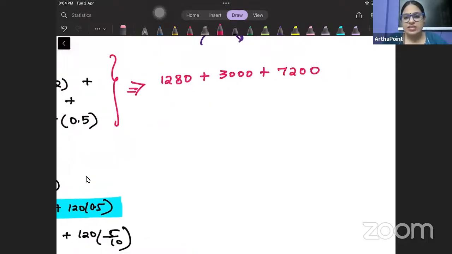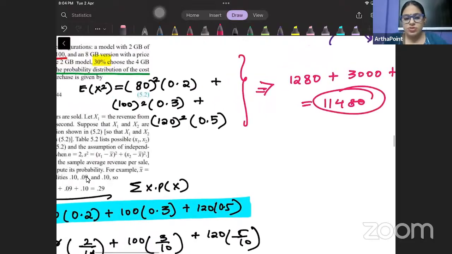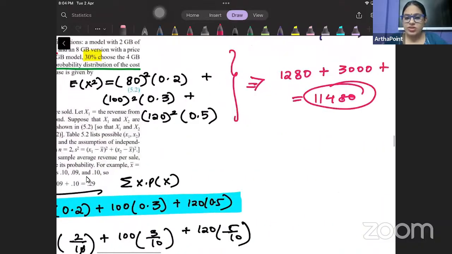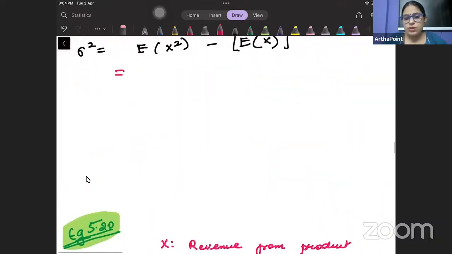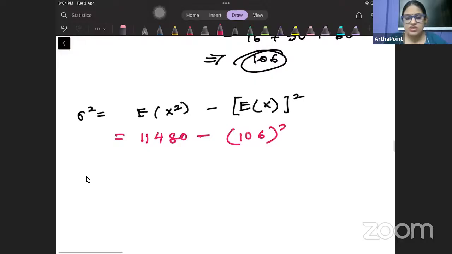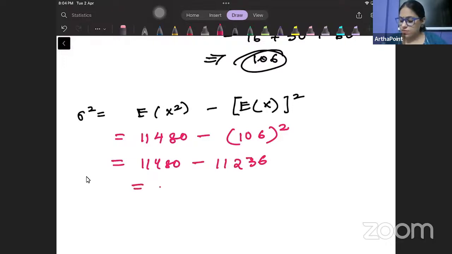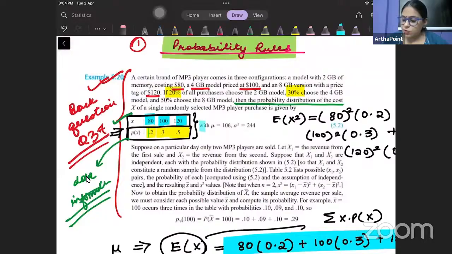So if I add this together, 3000 plus 1280 plus 7200 gives me 11,480. So I am going to put this value here. So this will be 11,480 minus E of x whole square, that means 106 whole square. 106 into 106 is 11236. So 11480 minus 11236 gives me the answer as 244. Therefore, I can say that the variance will be 244.